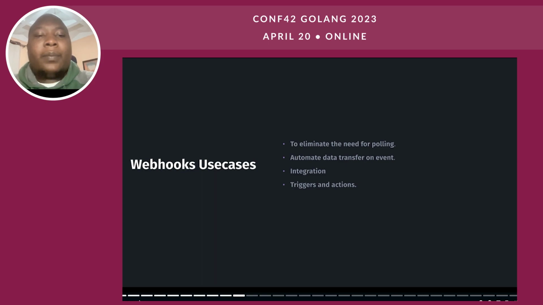Another use case of Webhooks is automated data transfer on events. I've mentioned events in my previous explanation, but this means Webhooks send data automatically, immediately when there's an event on a resource in the server, and the data will be sent in real time. This makes it easy to automate data transfer based on events. Then we have integration.